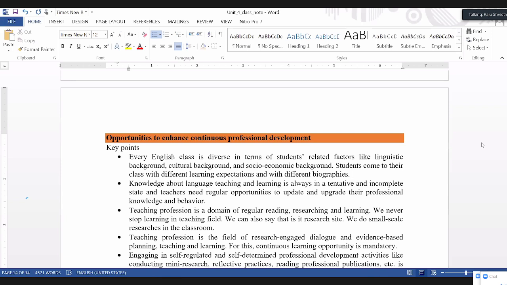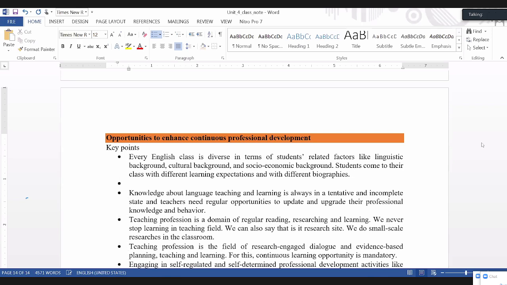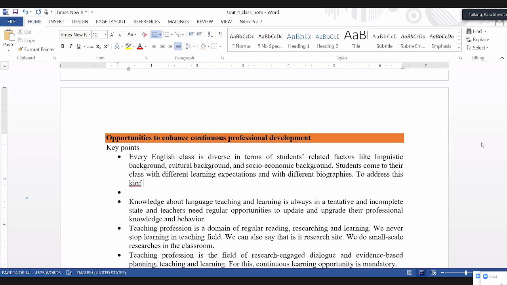To address this kind of multiplicity and complexity, no single theory, like behaviorism, mentalism, constructivism, social constructivism, and there are different approaches, methods and techniques.